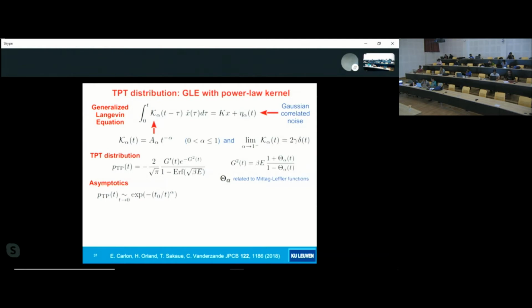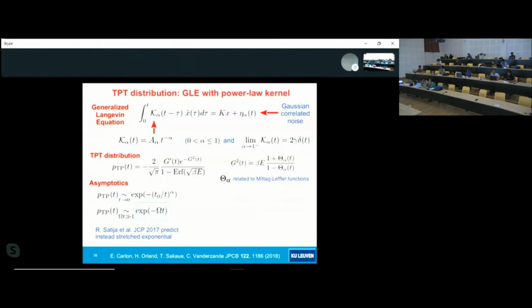And when we analyze the asymptotics of this, we find that when t goes to 0, we find an exponential of t naught, a characteristic time, divided by t to the power alpha. So here is the left part of the distribution where we see the effect of the memory. Whereas for long times, it decays exponentially. And this could be surprising because the memory kernel is a power-law decay, so you would expect it influences all time scales, but the time scale set by the shape of the barrier dominates.